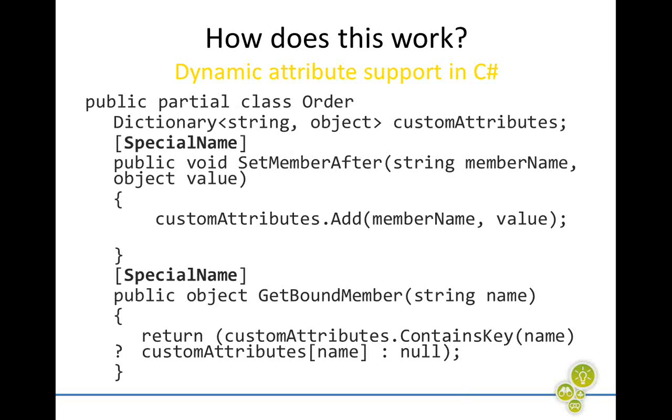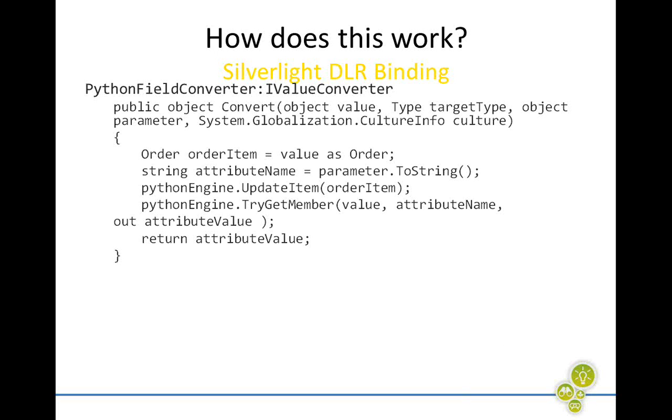The value converter basically takes the name of the attribute, goes to the Python engine class, and says, can you get me the value of this attribute from the order object? So all the dynamic values can only be written through the Python API and can only be fetched back for binding with the Silverlight column through the Python engine. So that is where the hosting infrastructure comes in here.